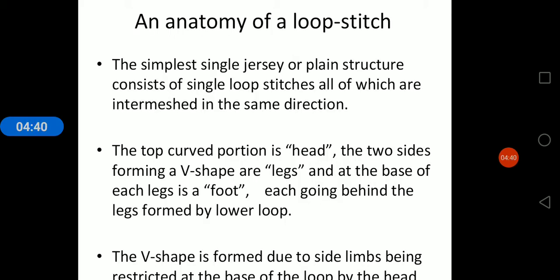The simplest single jersey or plain structure consists of single loop stitches, all of which are intermeshed in the same direction. The top curved portion is the head, the two sides forming a V shape are legs, and at the base of each leg is a foot, each going behind the legs formed by the lower loop. The V shape is formed because the side lines are restricted at the base of the loops by the head.